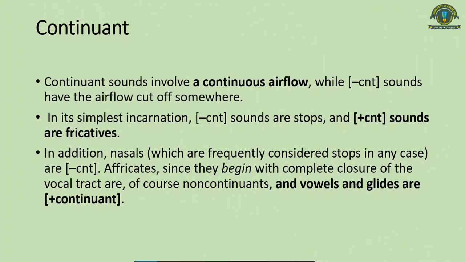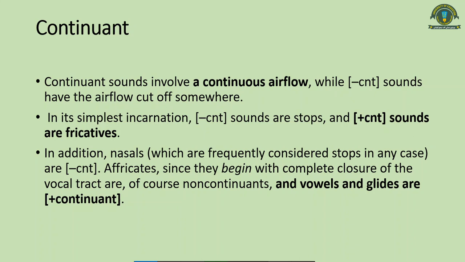The first manner class feature that we have here is continuant. Continuant sounds involve a continuous airflow, while minus continuant sounds have the airflow cut off somewhere. So in continuants, the air will flow continuously through your mouth. Now we are not saying here that it is going to escape freely.